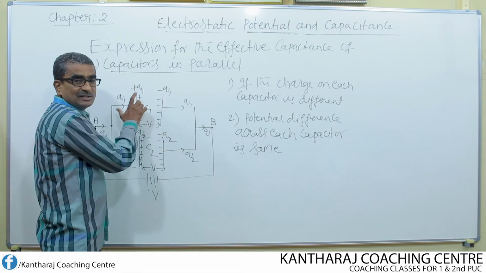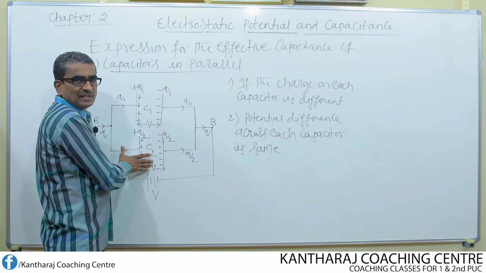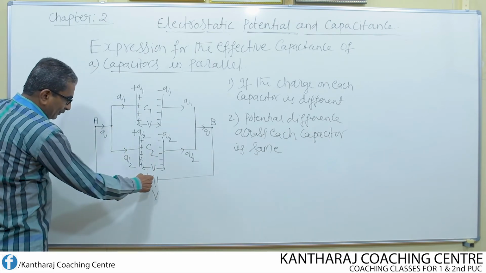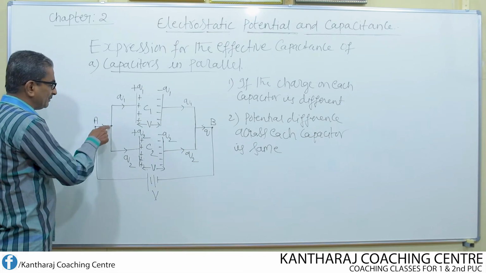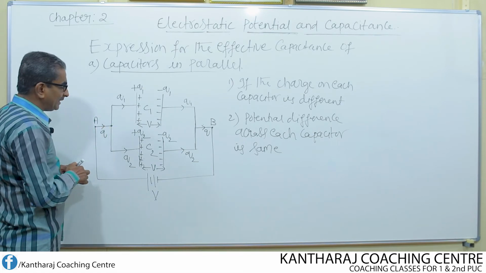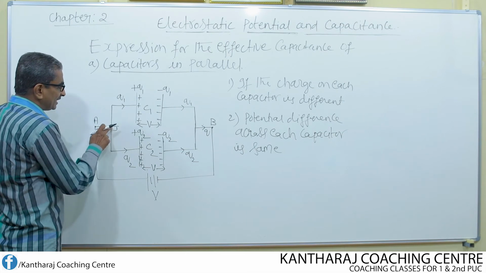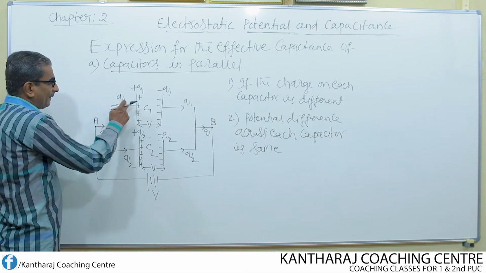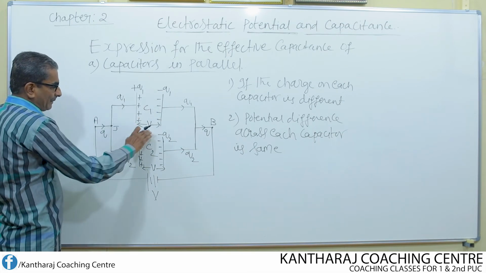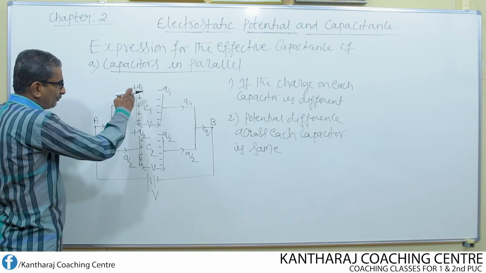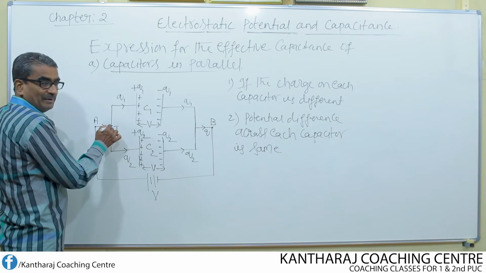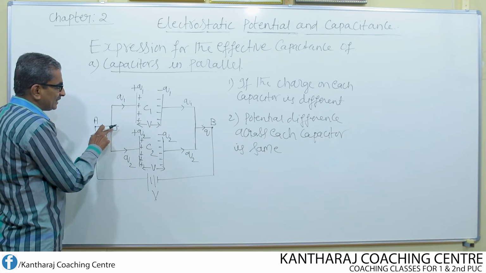Whereas in parallel, charges are different, potential is same. Look here, from this terminal, suppose if Q is the charge that comes out from the positive terminal of the battery, at this point, that means at this junction, it's the meeting point of this first capacitor and also the second capacitor, where the first plate of both the capacitors are meeting at this point. So this is the junction point.